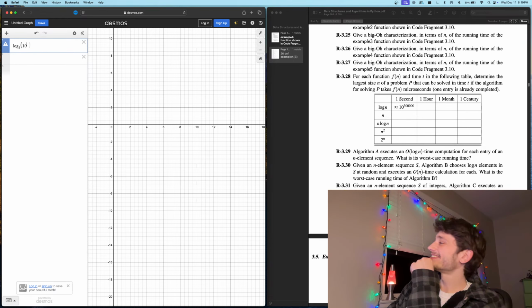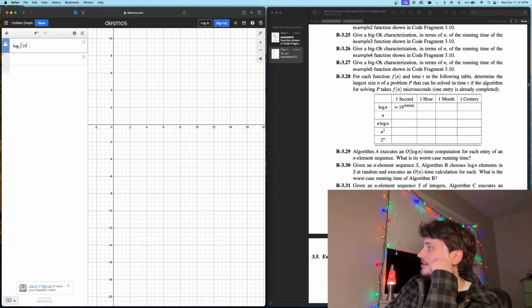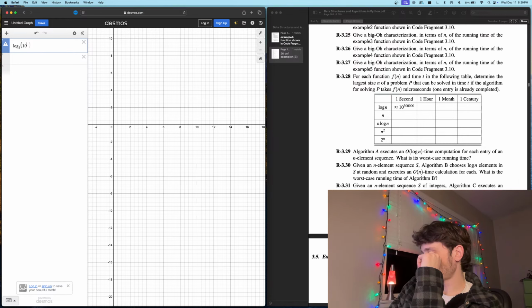Okay, determine the largest size n of a problem p that can be solved in time t if the algorithm for solving p takes f of n microseconds, for each function f of n.